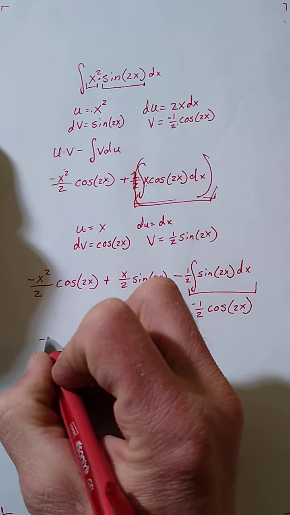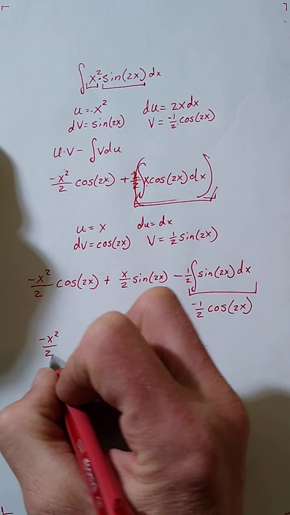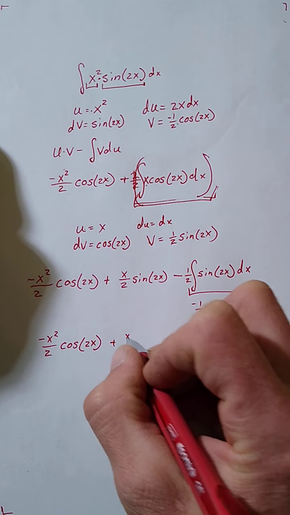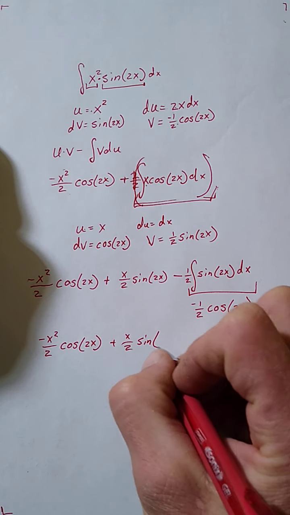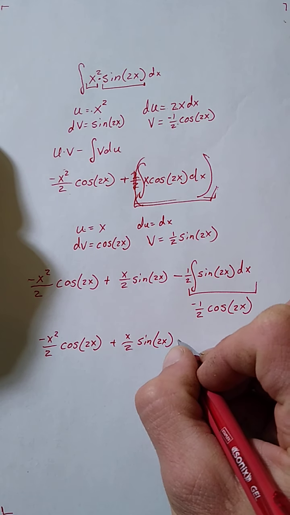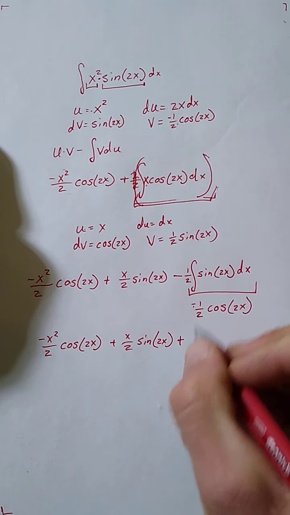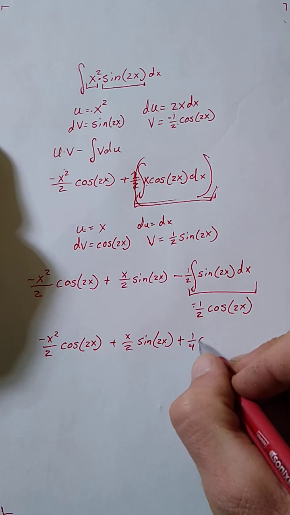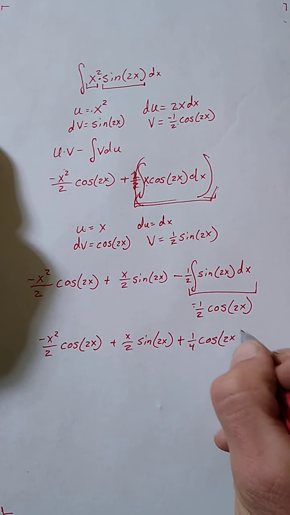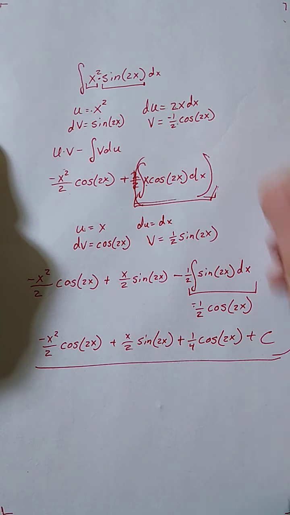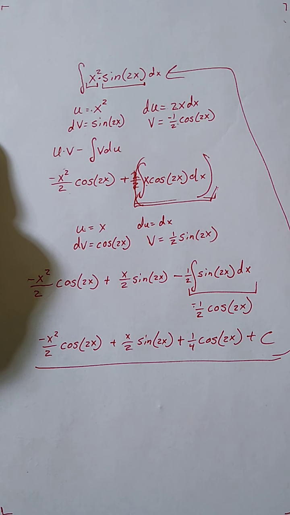So the final answer here: negative x squared over 2 cosine 2x plus x over 2 sine 2x, minus a negative gives me plus, a half times a half gives me a fourth cosine 2x, plus a constant c. And the big one is that we should take the derivative of this and check that it goes all the way back up to what we started with.